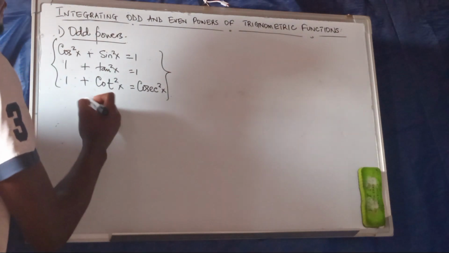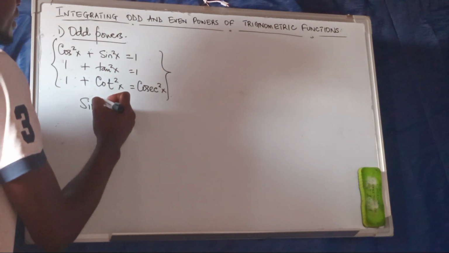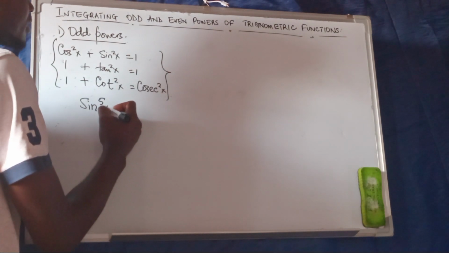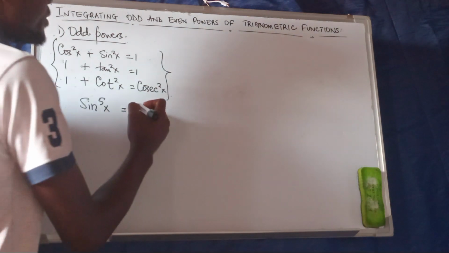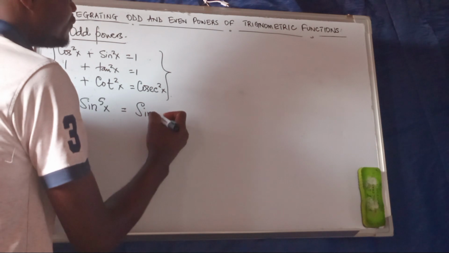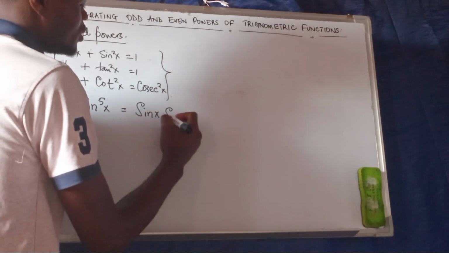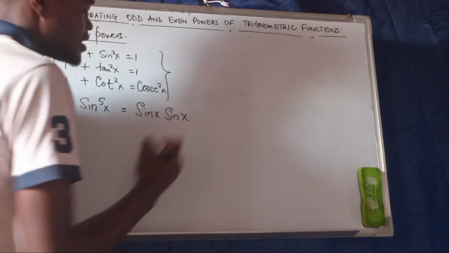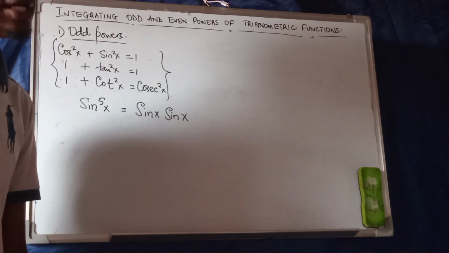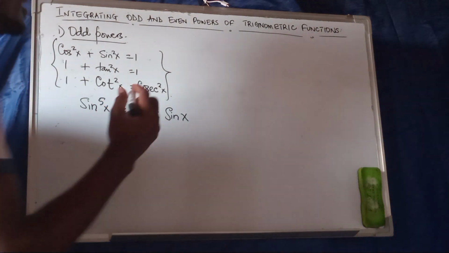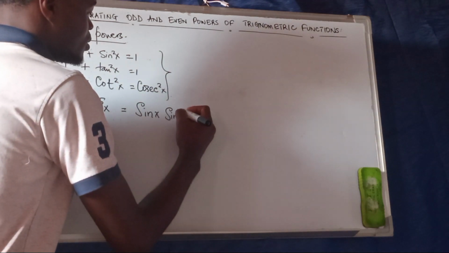What do I mean? Say if I have sine power 5x, before I do anything to this, I'll express it as a product of two trigonometric functions which are the same, but one has to have power 1 and another one even power. So this will be power 4.